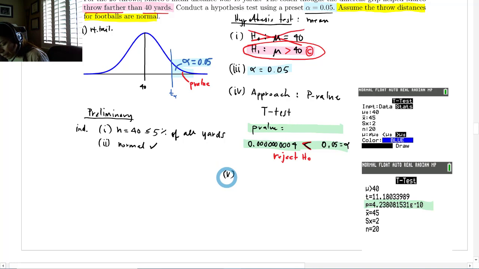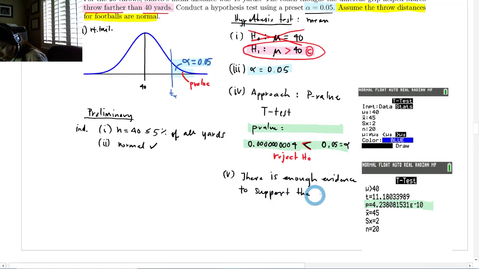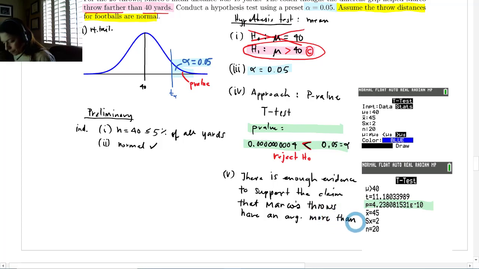So the results would be there is enough evidence to support the claim that Marco's throws have an average more than 40 yards. Okay, so this is the process.